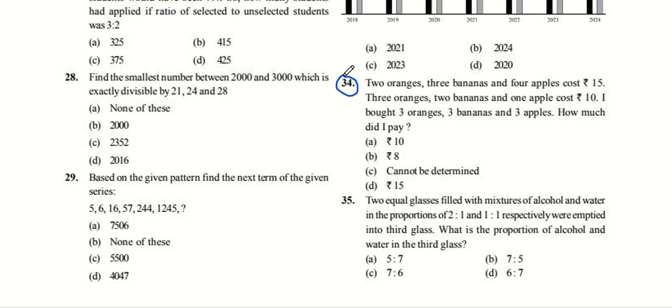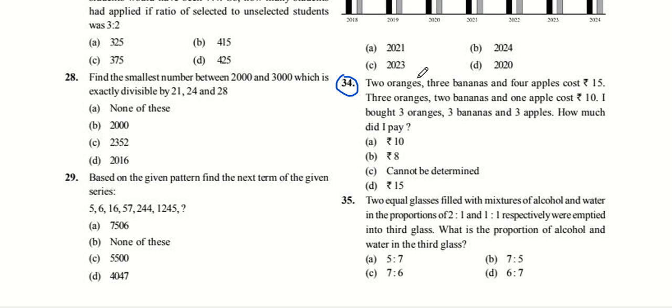First of all, let's read the question very carefully. Two oranges, three bananas, four apples cost 15 rupees. Three oranges, two bananas, one apple cost 10 rupees. And I bought three oranges, three bananas, three apples. How much did I pay?